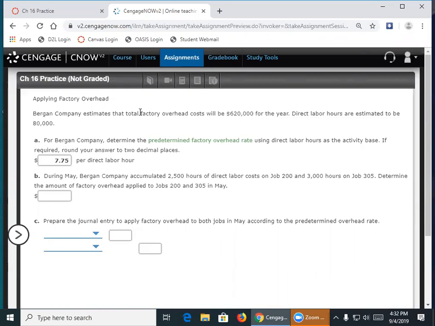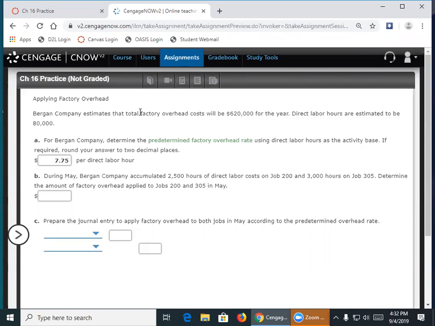Let's see. So then they actually want us to apply it. It says during May, Bergen Company accumulated 2,500 hours of direct labor on job 200 and 3,000 hours on job 305. So how much overhead was applied to those 2 jobs? Well, we have accumulated a total of 2,500 plus 3,000, so 5,500 hours. Then you just multiply it by your predetermined factory overhead rate.